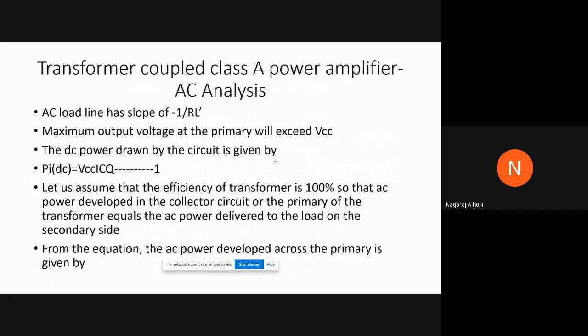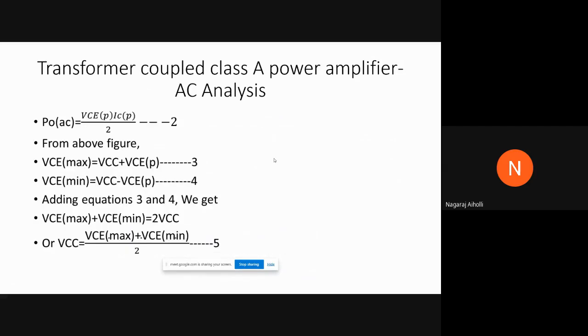AC power developed across the primary is given by the equation. P naught AC is equal to VC RMS into IC RMS, right? It is V into I, that is the AC output power. But we know that V RMS is equal to VM by root 2 and I RMS is equal to IM by root 2.